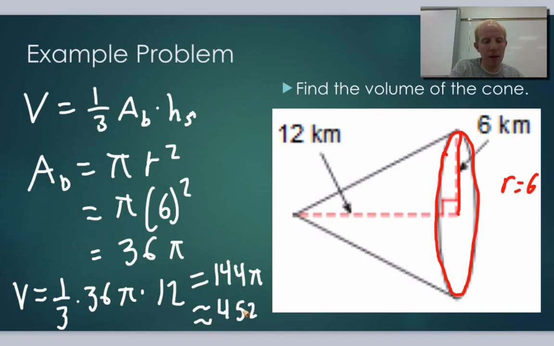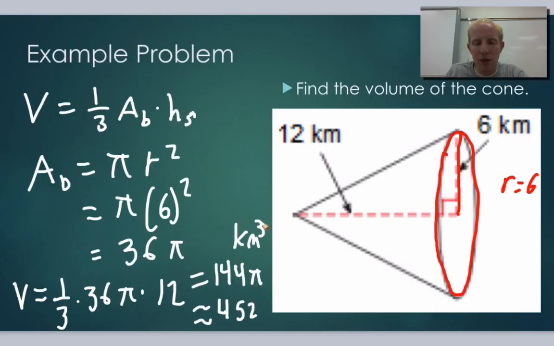I kind of ran out of space, but if we want to make sure we have the right units, this is in kilometers, and since we're working with a volume, that's in 3 dimensions, so the units will be kilometers cubed. So it's exactly 144 pi, or approximately 452, kilometers cubed. So that's our volume.